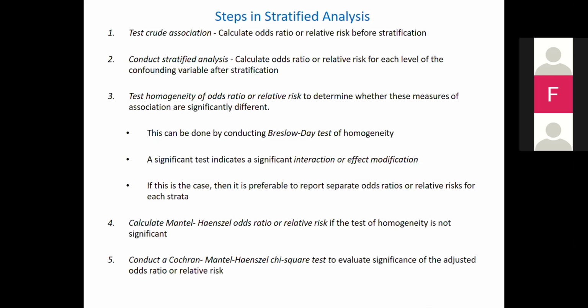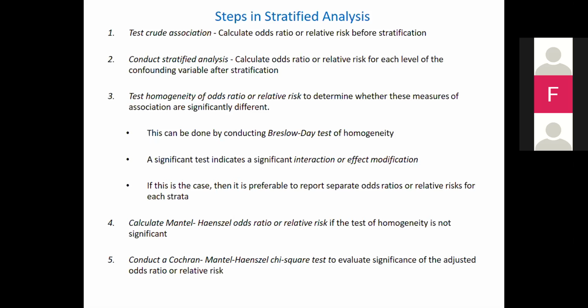The null hypothesis is that the odds ratios for the different strata are the same. If they are the same, that shows it's homogeneous, so there's no effect modification. But if it indicates a significant difference, that shows there is interaction or effect modification. In this case, it is preferable to report separate odds ratios and relative risks for the strata.